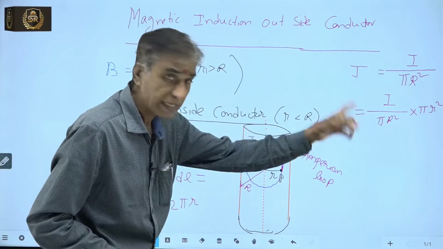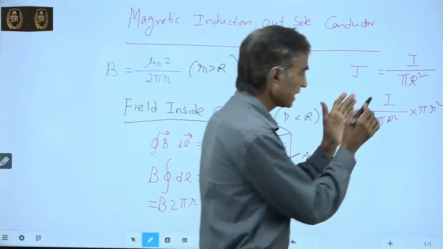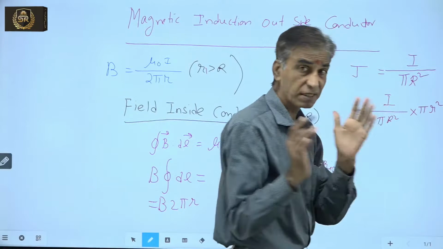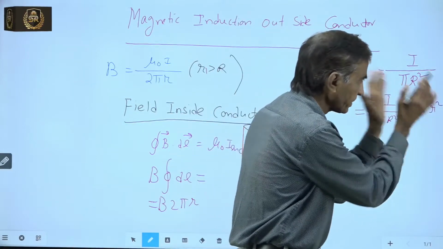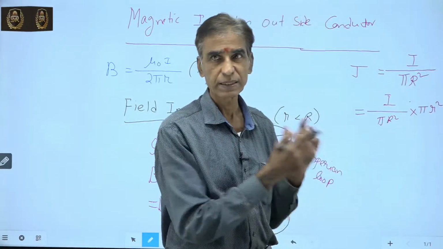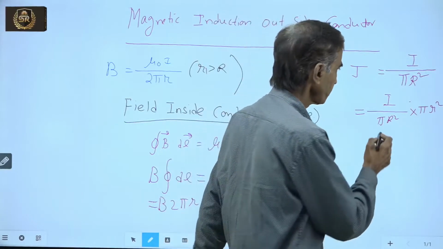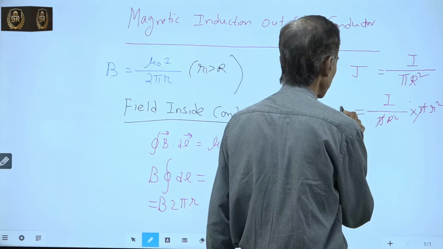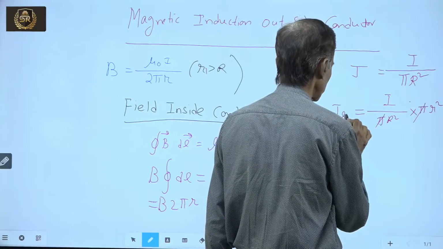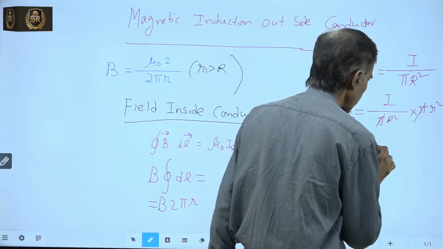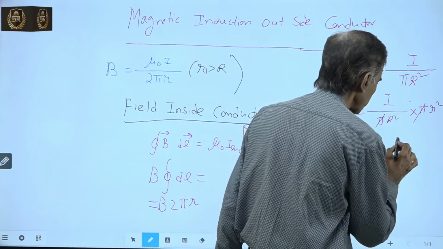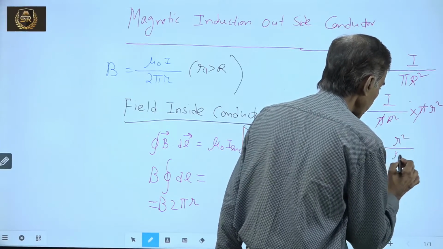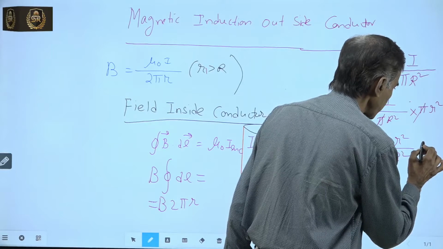Therefore, our area is pi r square. This is like cost of one apple into number of apples. So, pi gets cancelled. Therefore, I enclosed equals small r square by capital R square into I.